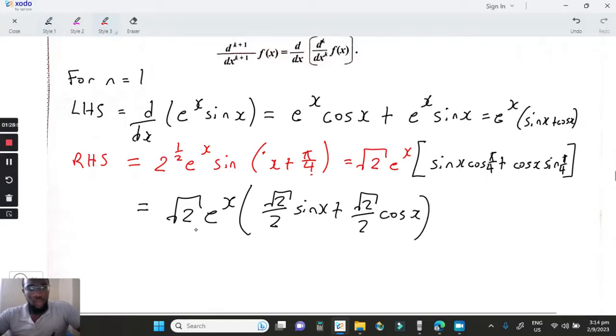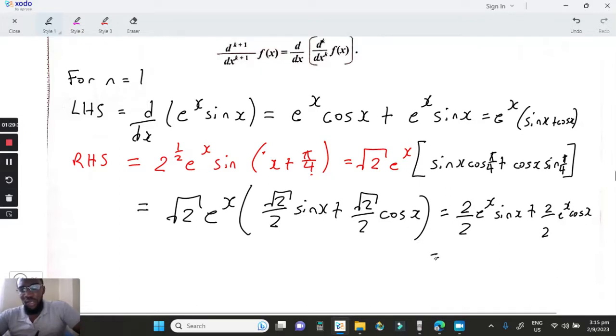And in this case now, root 2 times root 2 is 2. So this becomes 2 over 2 sine x. So it works out to be 2 over 2 e to the x sine x plus, this times this becomes 2 over 2 e to the x cos x.